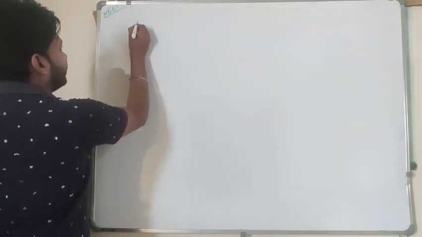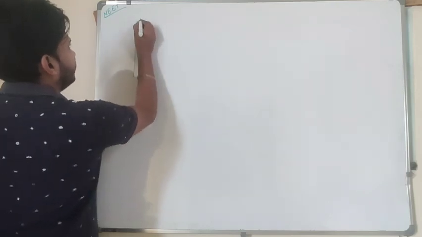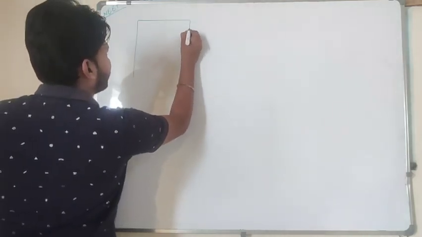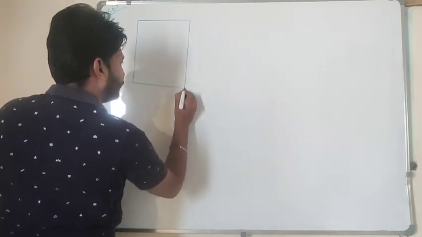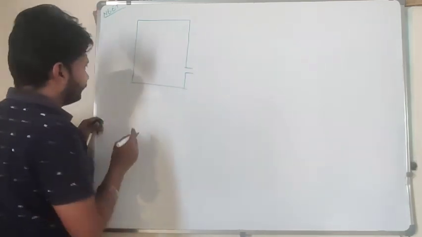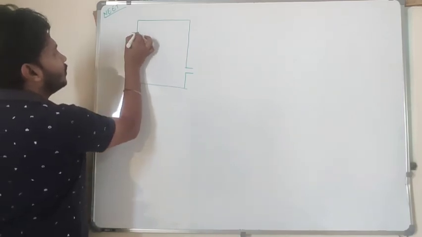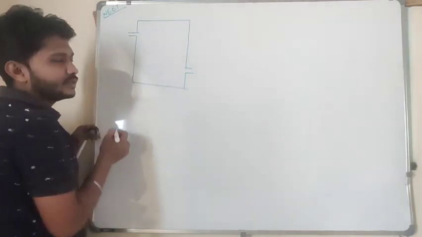For example, I will take one container here, right? This is one container. This container is filled with a certain amount of liquid, right? I will make two holes on the opposite side.